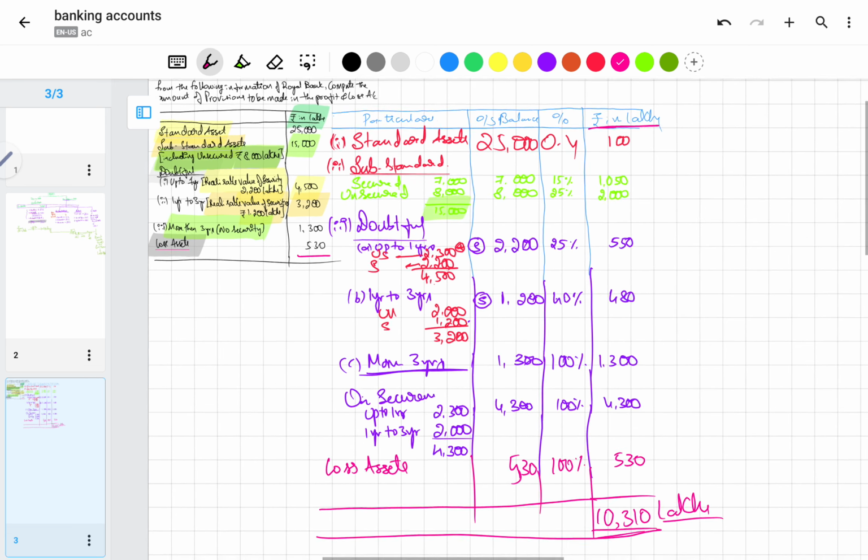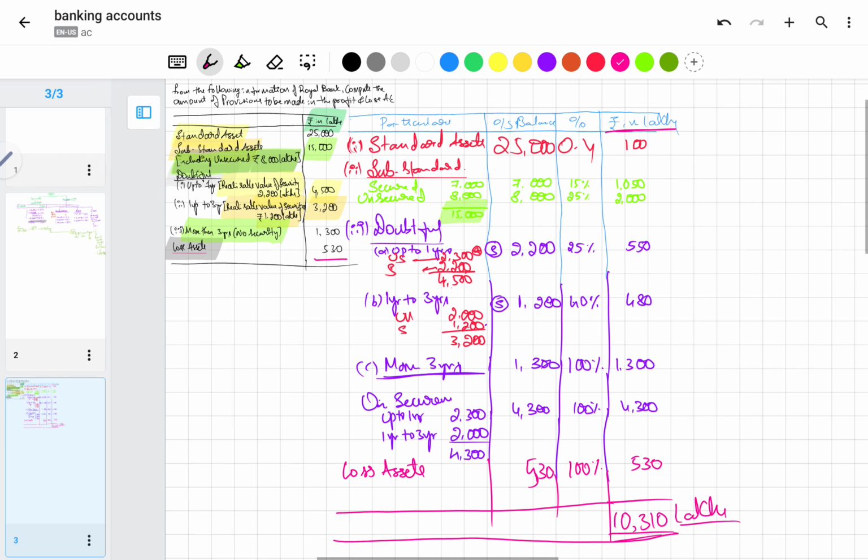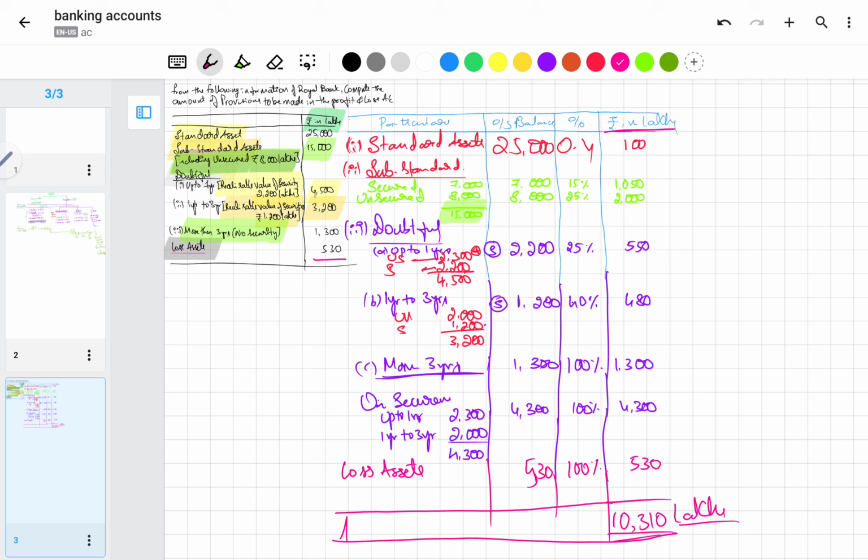This is the amount of provision. Here you can write amount of provision to be made in the P&L account because there is no opening.